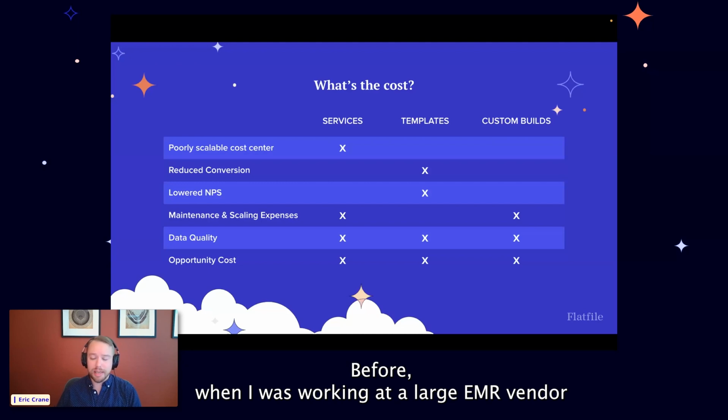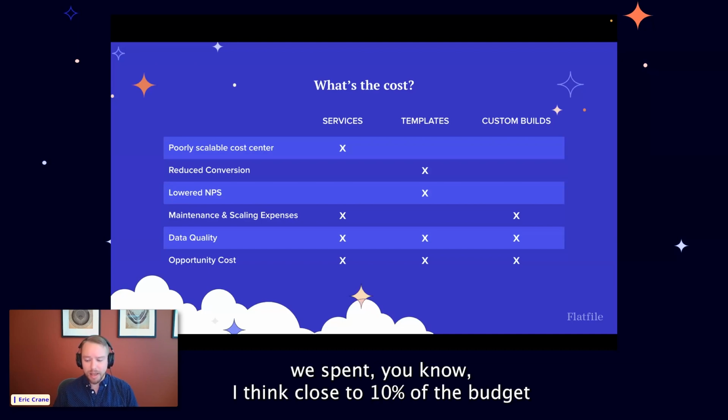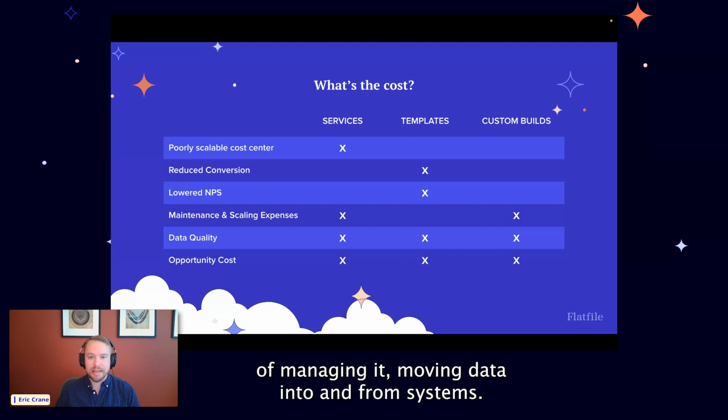When I was working at a large EMR vendor earlier on in my career, we spent I think close to 10% of the budget of any given project just on the professional service of managing moving data into and from systems.